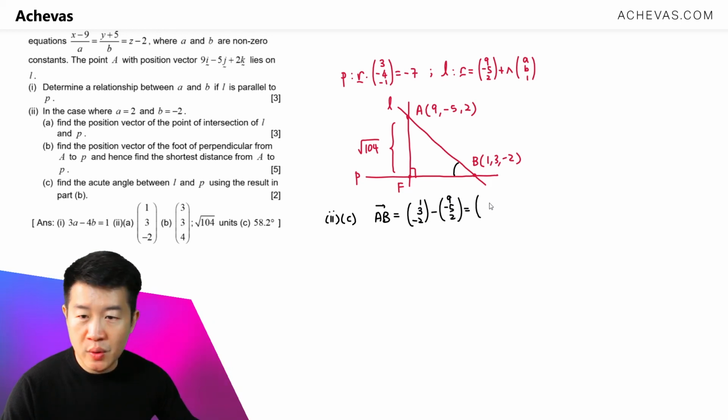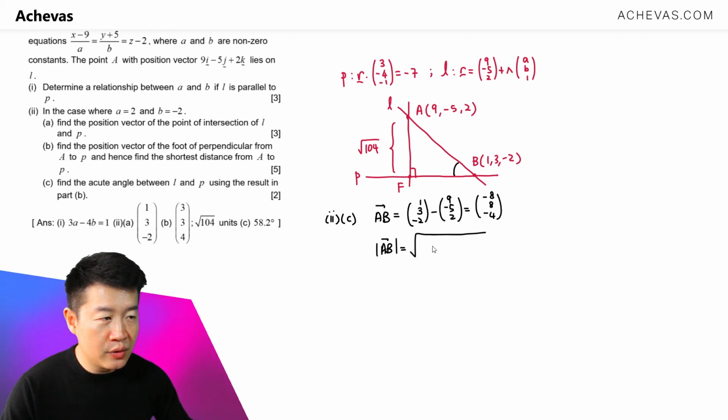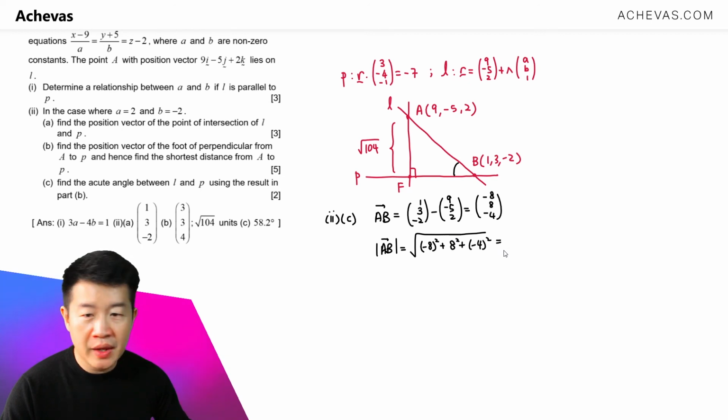And AB will have a vector -8, 8, and -4. So now we can find the length of AB. It is going to be square root of (-8) squared plus 8 squared plus (-4) squared. And this is equal to square root of 144, so it is equal to 12.